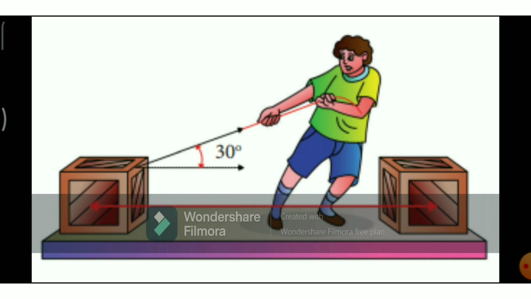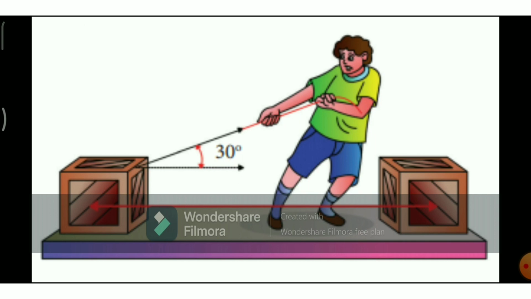Force is what he is applying to the box to pull it from one place to another. What is displacement? This change in position is called displacement. So in short, for work to be done, we require force and we need displacement.